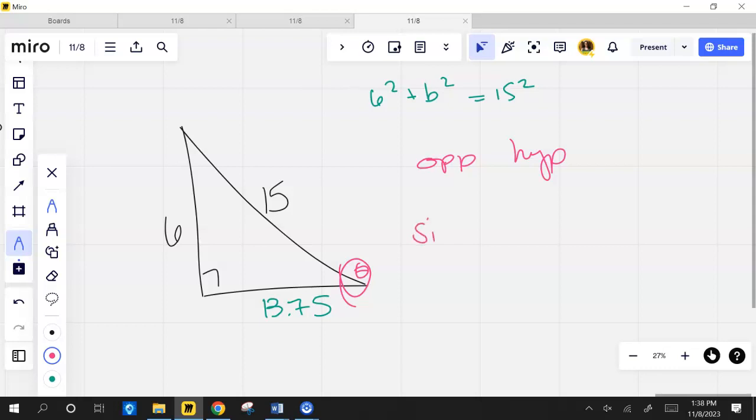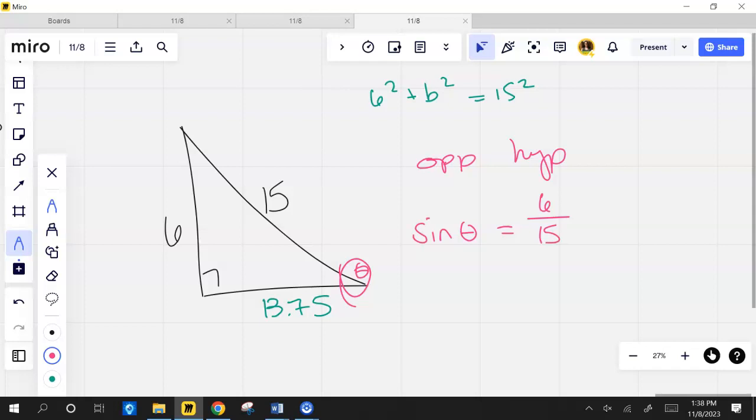So the sine of theta... I never use one that I calculated just in case I made a mistake in my calculations. All right, the sine of theta is going to equal opposite over hypotenuse, okay?